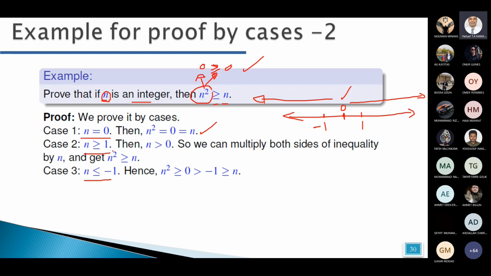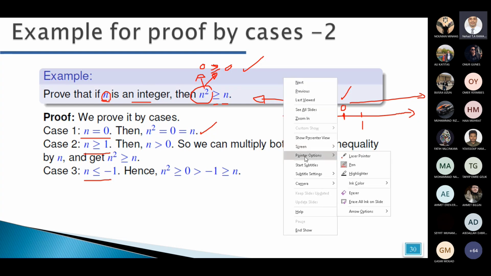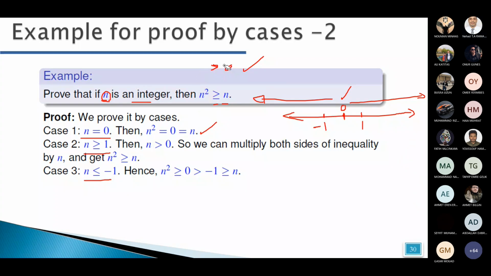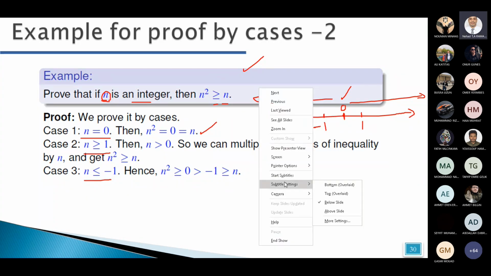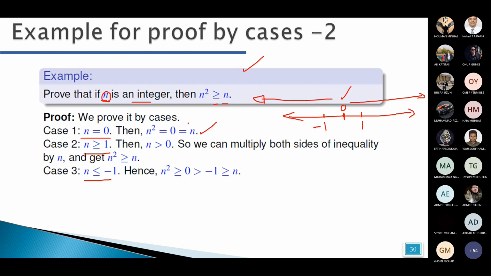Second case, when we have n more than or equal 1. Okay, apply it here. When n is more than or equal 1, this means n is more than 0. So we can multiply. n is more than or equal 1, so n is more than 0, yes, because it's more than or equal 1.